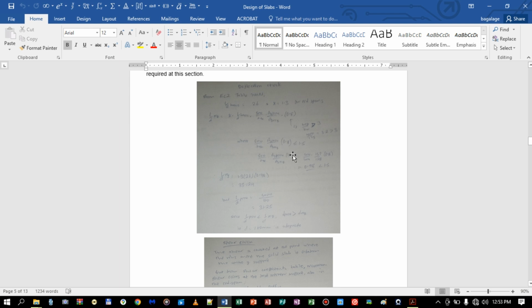But this ratio should not exceed 1.5. I made a mistake and included the provision for the flanged section here, but this 0.8 should not be a part.